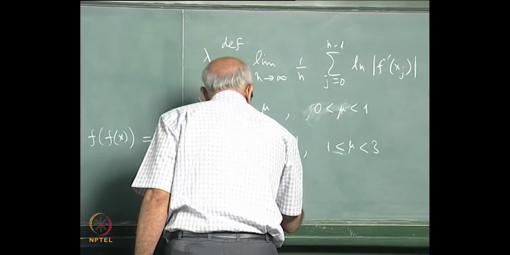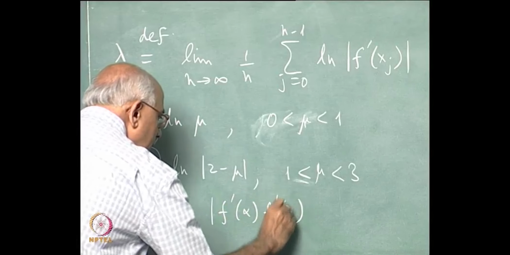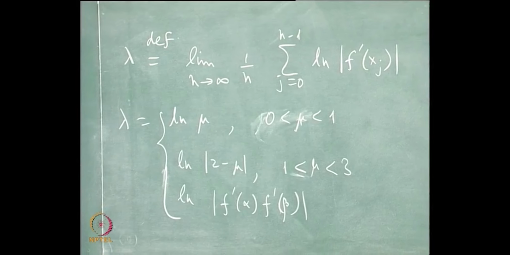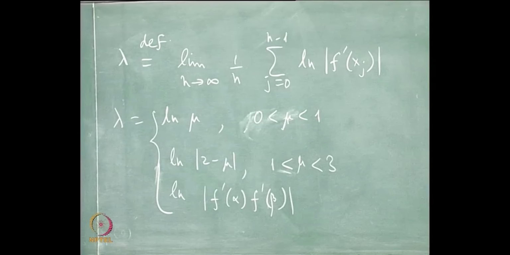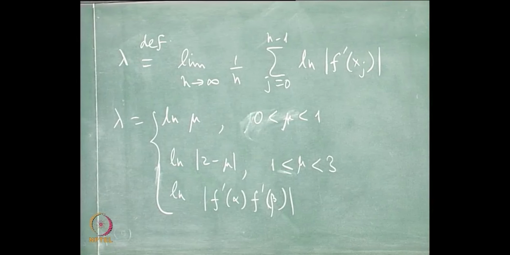So it would just be log modulus f prime of alpha times f prime of beta. It would just be that, right? Pardon me?